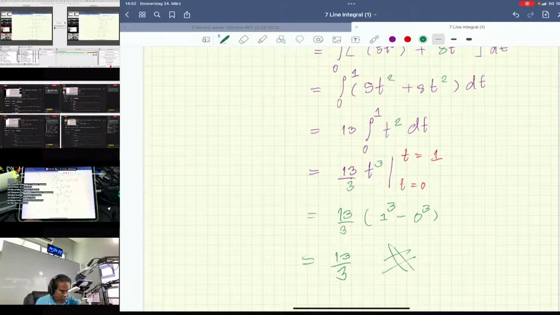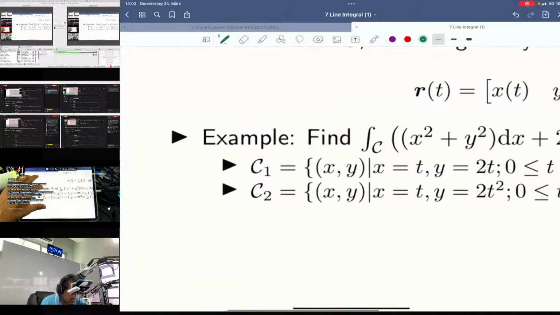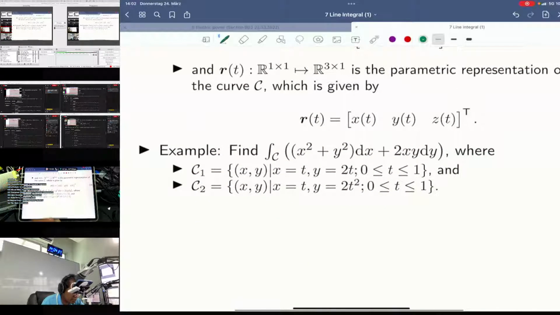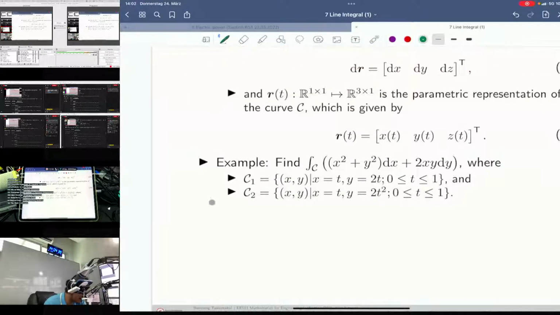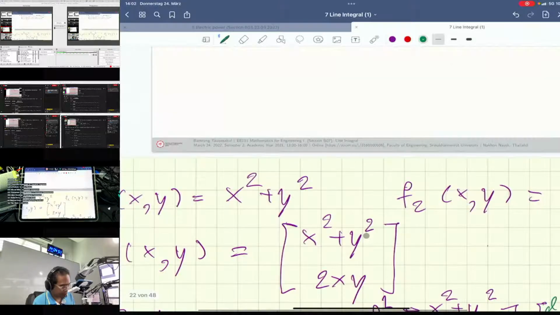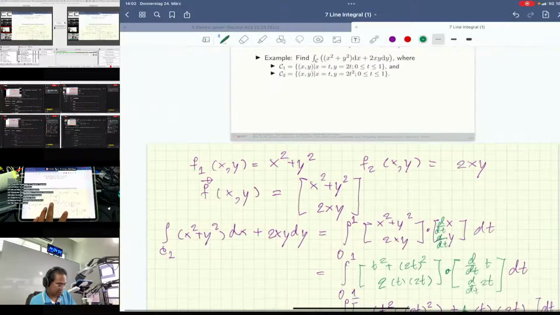Now let's consider the second curve, which is C2. All right. For the second curve C2, okay, most of you may have the chance to practice yourself to find the line integral of this one along the curve C2, and let's see what is the answer to this.